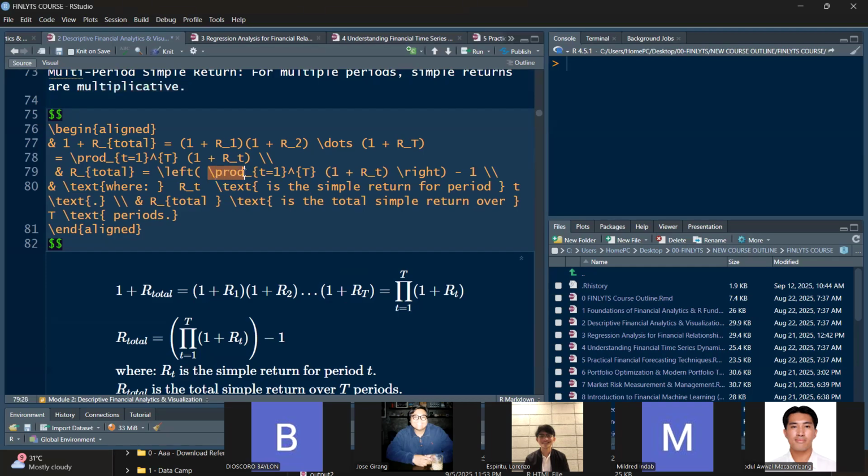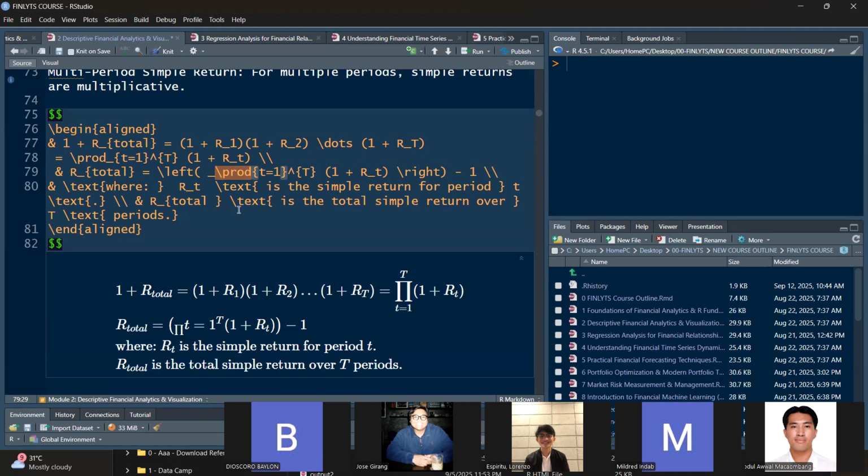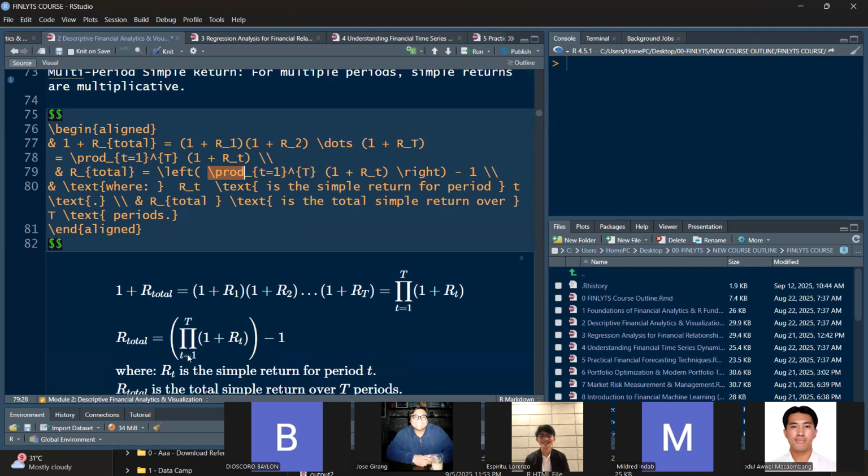We're using product, and then T is equal to 1 is below here, underscore T equals 1, and the one above here, caret. It's better to put T equal to capital T. And then 1 plus R sub T.